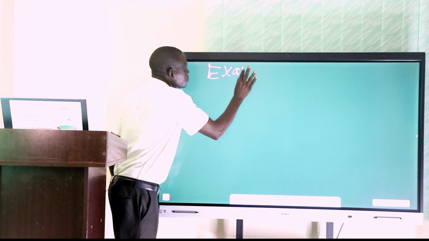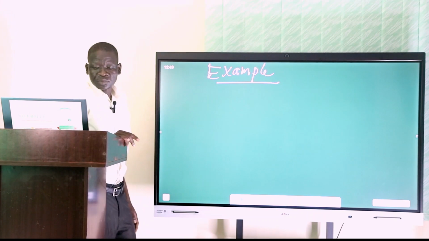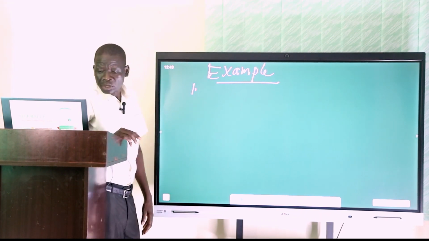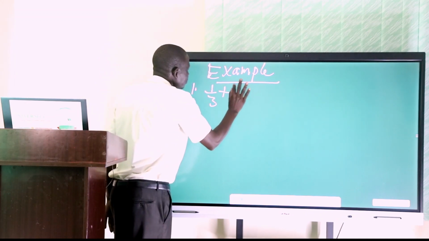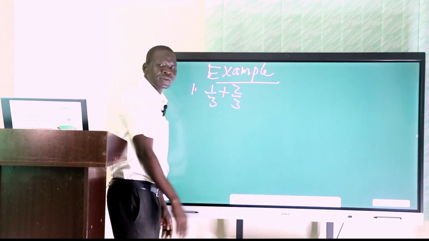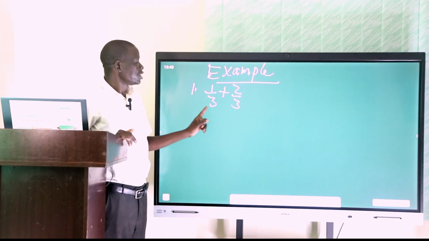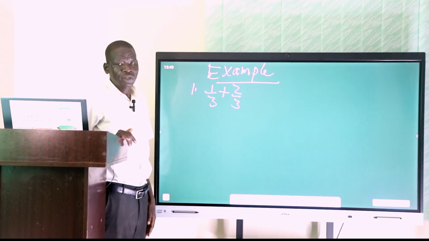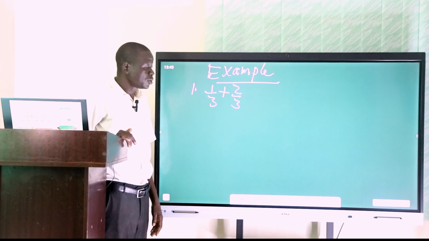Example, add 1/3 plus 2/3. We can see that in this case, the denominators are the same. We have 3 and then we have 3. Since the denominators are the same, we simply add the numerators normally.